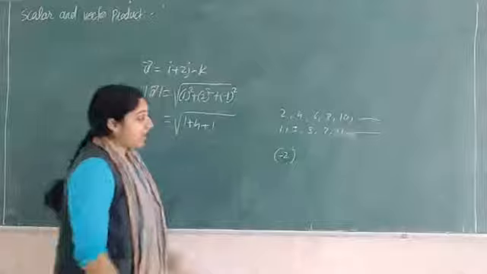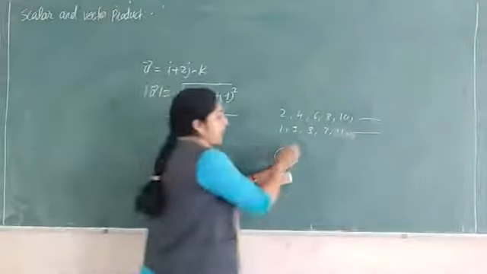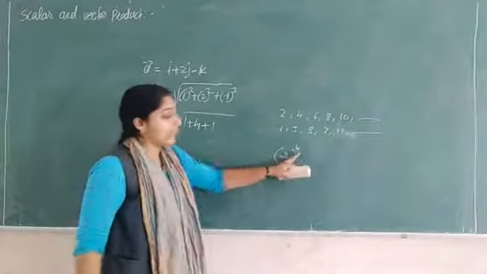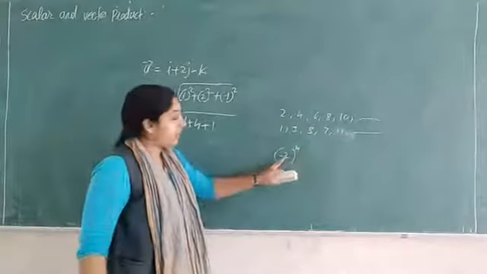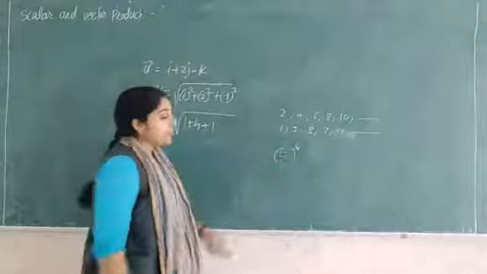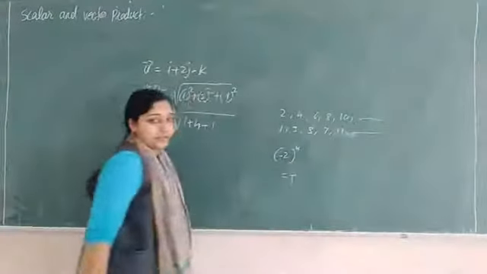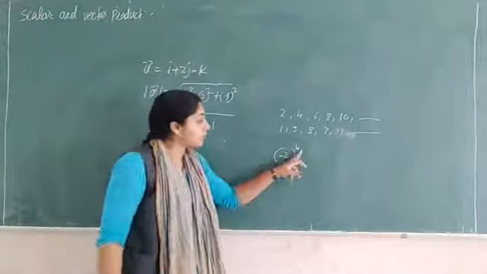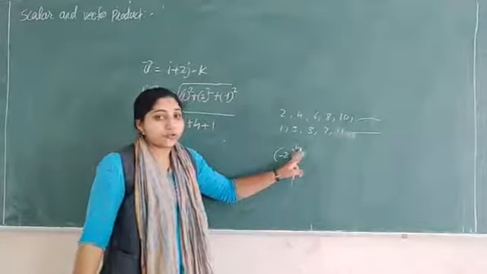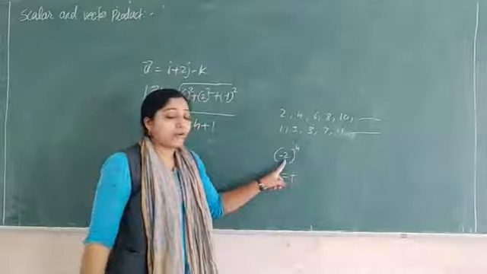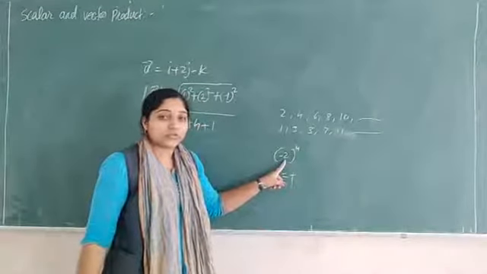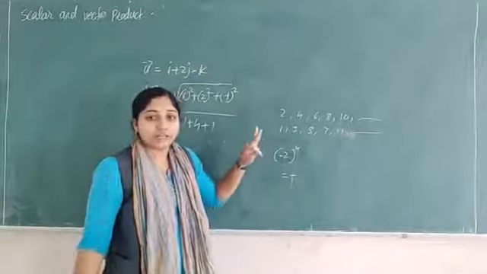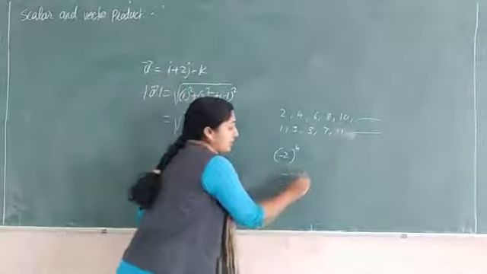If you have a negative number and the power is even, either 2, 4, 6, 8, 10 and so on, your answer is always positive. Take minus 2 raised to 4: you get a positive answer. 2 raised to 4 means 2 into 2 into 2 into 2, 4 times. So 2 twos are 4, 4 twos are 8, 8 twos are 16. You get the answer plus 16.